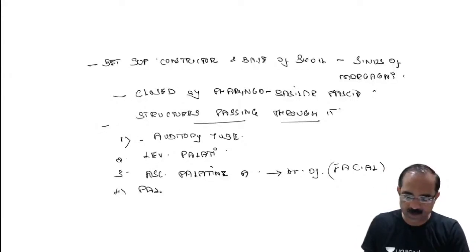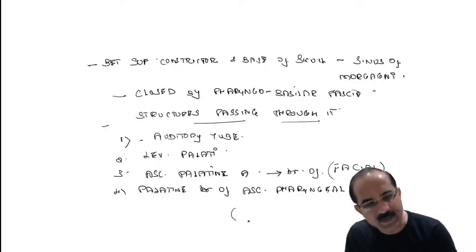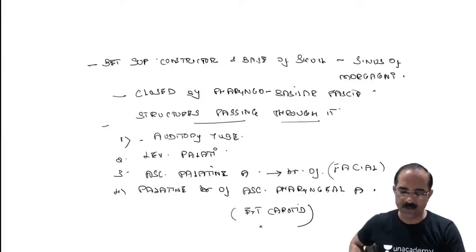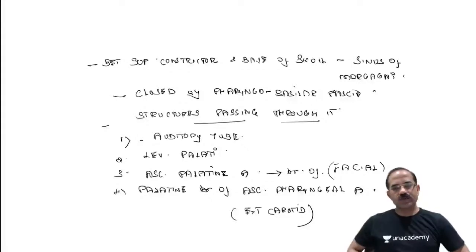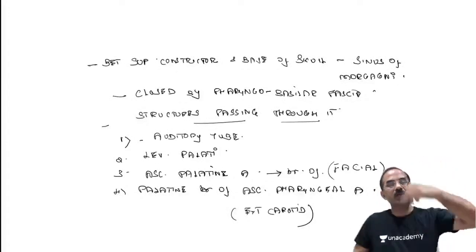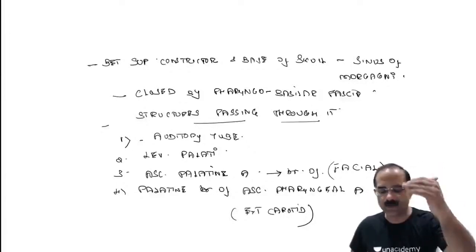And 4th, palatine branches of ascending pharyngeal artery, and this ascending pharyngeal artery is a branch of external carotid. So structures passing through the sinus of Morgagni: 1. Eustachian tube. 2nd. The levator palatii muscle. 3rd. Ascending palatine artery. And 4th. Palatine branches of ascending pharyngeal artery.